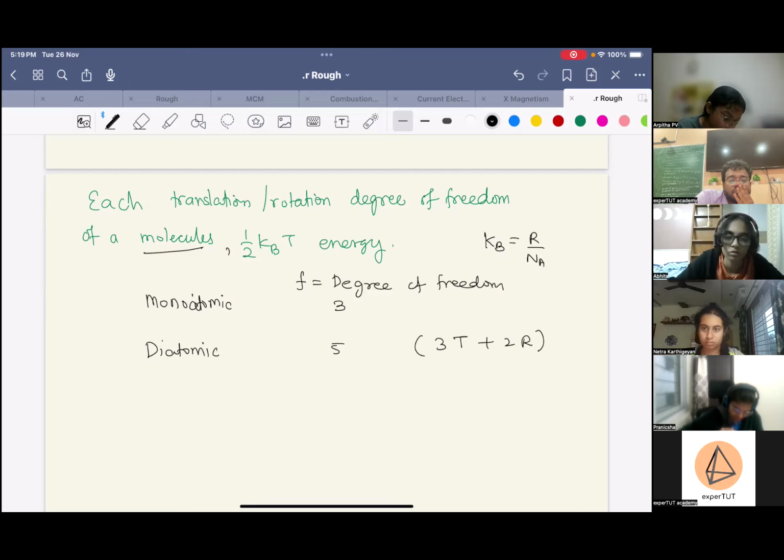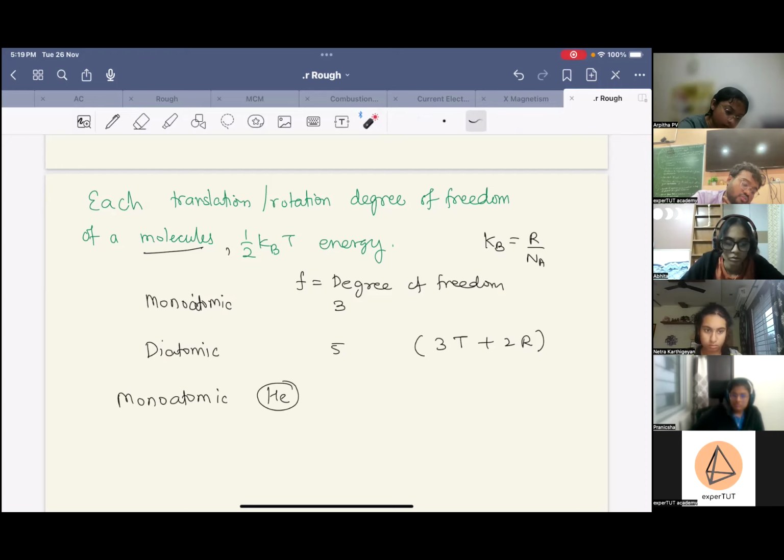Now, the second formula is U, the internal energy of a mole of gas. Let's talk of a monoatomic gas, like helium. Helium is a monatomic gas, so it has 3 degrees of freedom, and each degree of freedom contributes half kBT of energy per molecule.